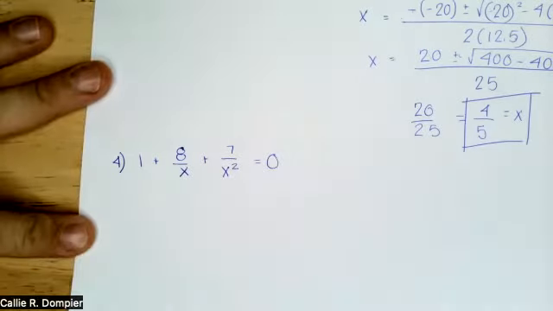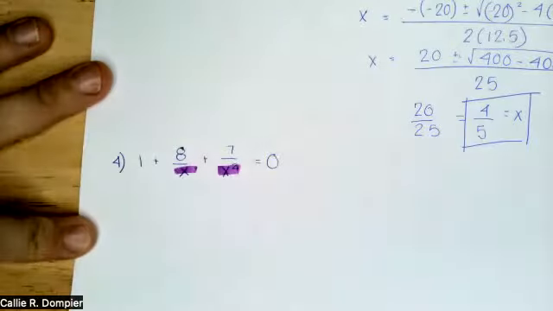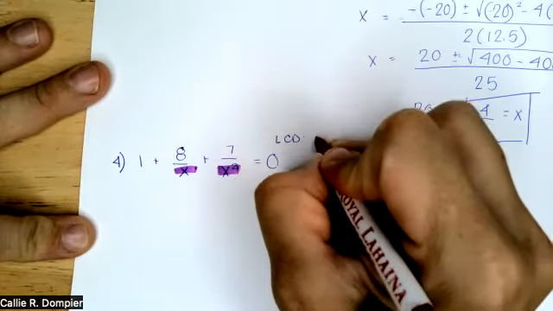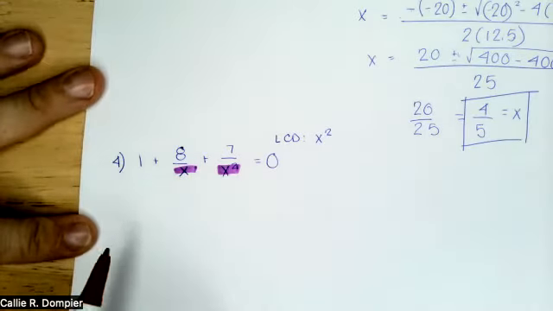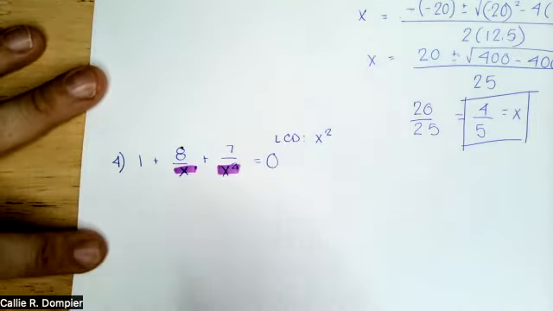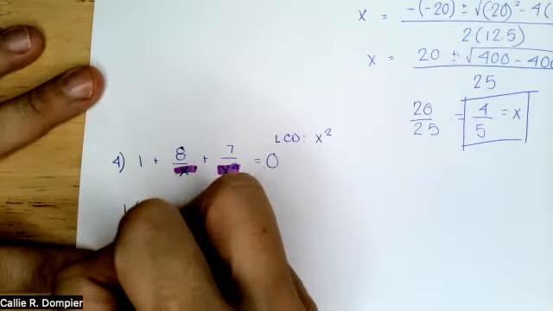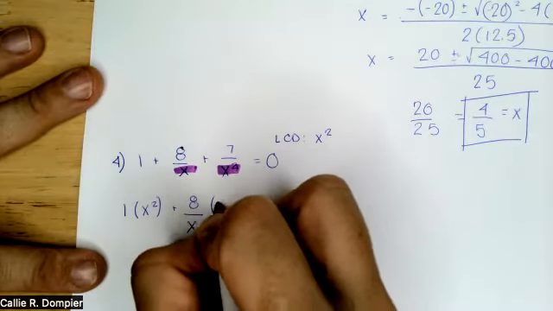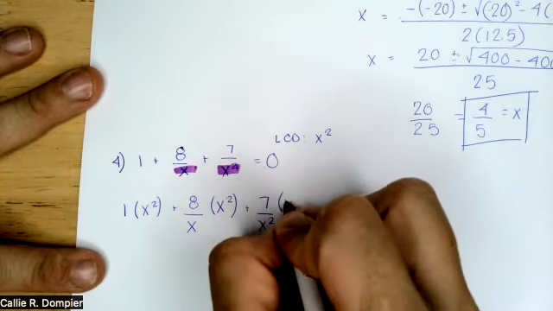So the least common denominator for my 2 denominators, x and x squared, is going to be x squared, right? So my least common denominator for getting rid of these fractions is x squared. That means I need to multiply this, and this by x squared. And technically that side, but there's nothing on that side. 0 times x squared is still 0. So we'll say 1 times x squared plus 8 over x times x squared plus 7 over x squared times x squared.